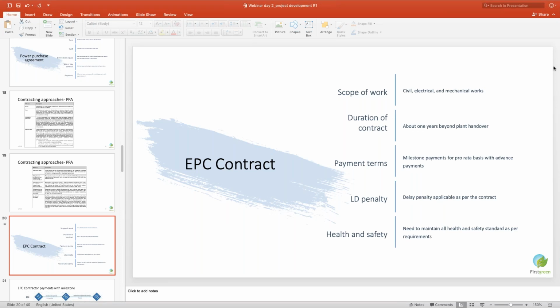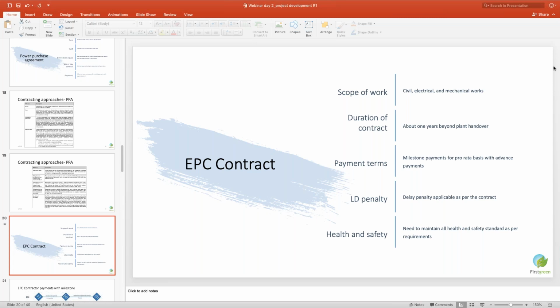Now coming to the EPC contractor. The EPC contractor agreement is the most notorious agreement you will be doing in your project. For this, you need to define in detail the scope of work and the clauses. The scope of work covers the civil, electrical, and mechanical works.